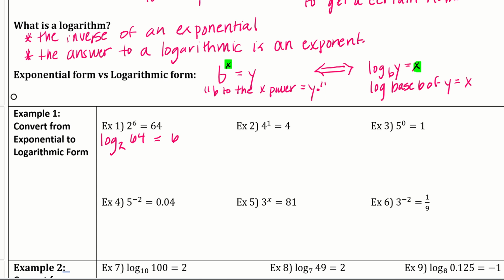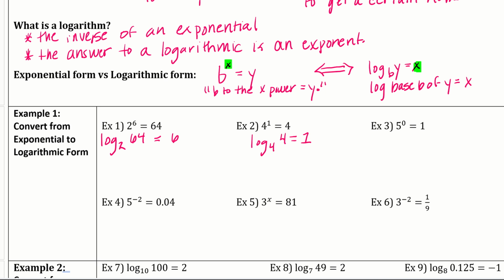The next one is 4 to the 1st equals 4. So this would be log base 4, because our 4 is our base, of 4 equals 1. It's still 4 to the 1st power, but what we're looking for is the exponent. There is a little button on your calculator that will help you do this, but we're not to that point yet.